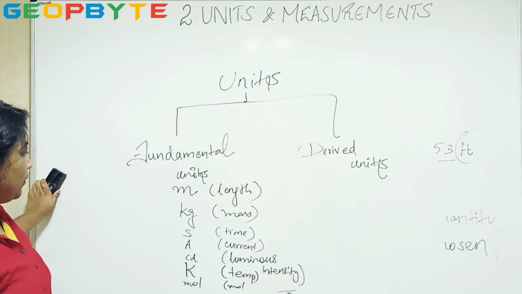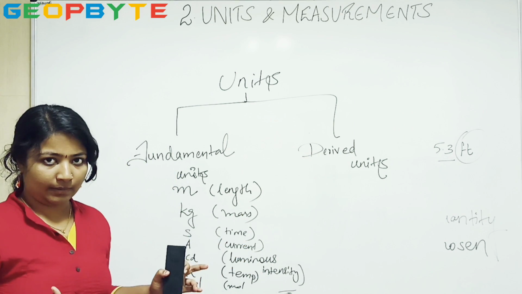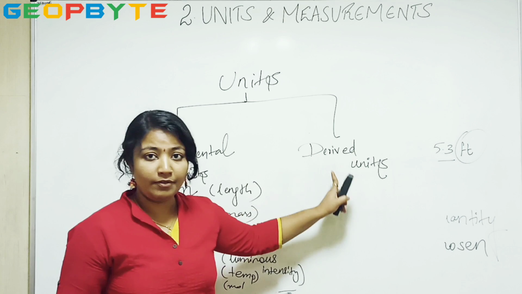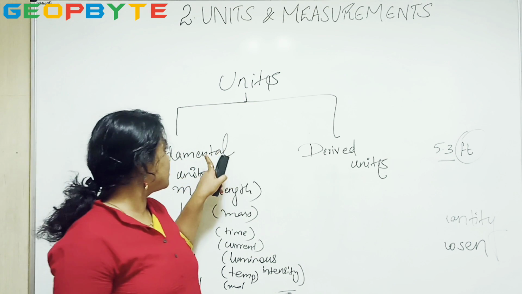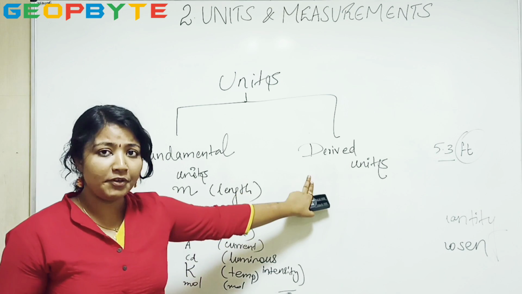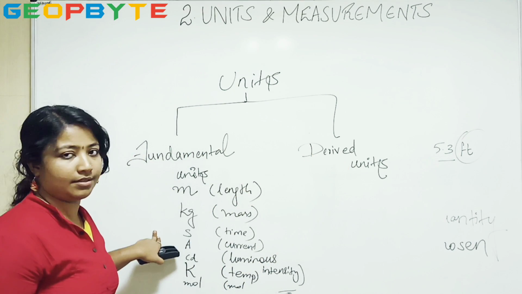These fundamental units we can't derive from anything. They will already be there. These fundamental units are also known as base units. Whereas these derived units are obtained from these things.